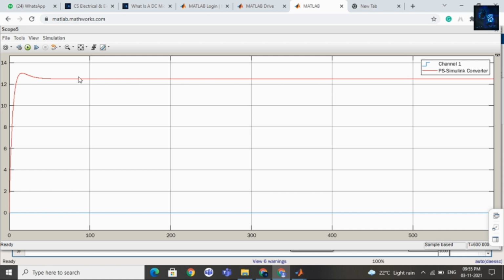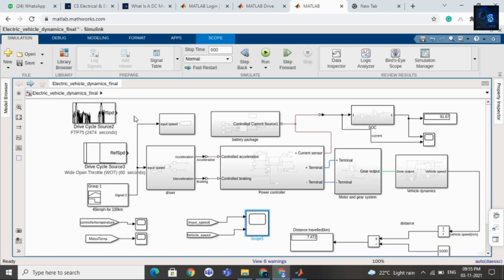Input speed is constant after a few seconds. This is how you can analyze an electric vehicle by creating this type of design. The SOC value is 91.67. It took around 9% to travel a distance of 7.42 kilometers, and the battery pack voltage is 60.